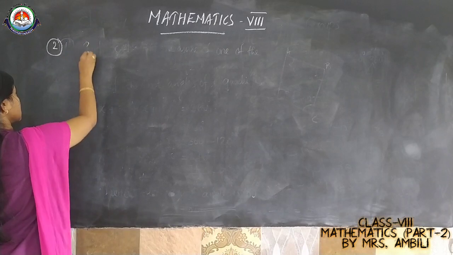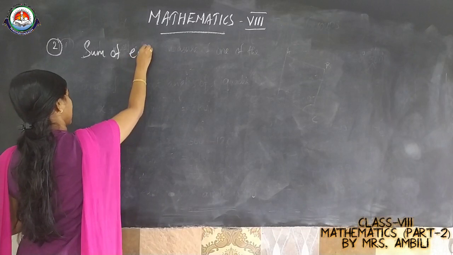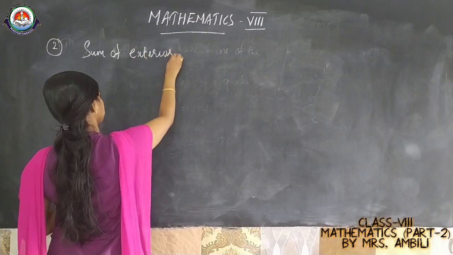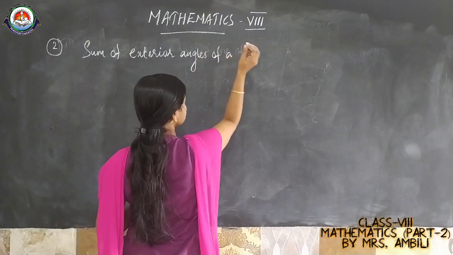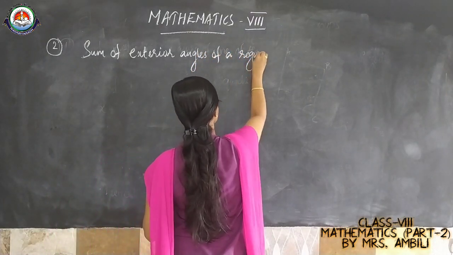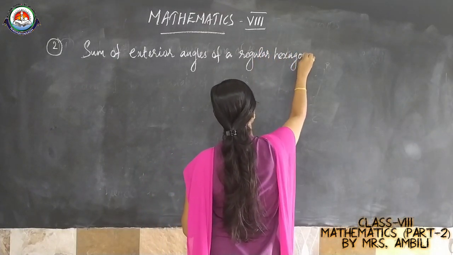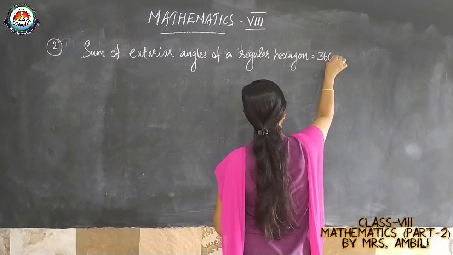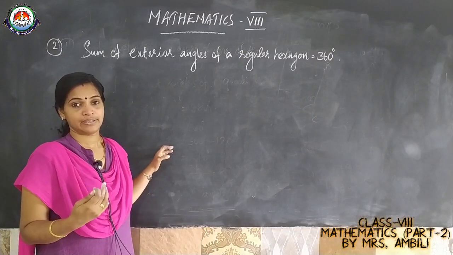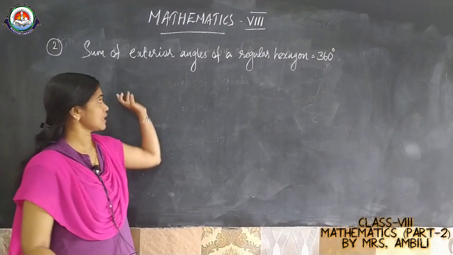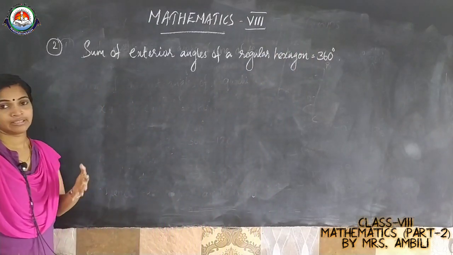We know that the sum of exterior angles of a regular hexagon is 360 degrees. Not only hexagon, pentagon, octagon, for every polygon the sum of exterior angles is 360 degrees. Only the interior angle varies.